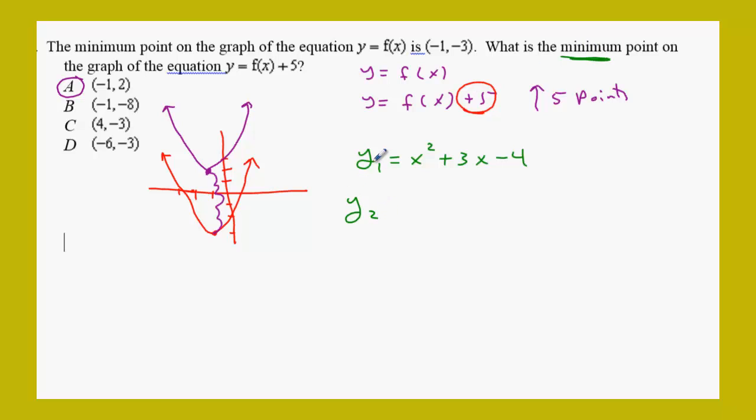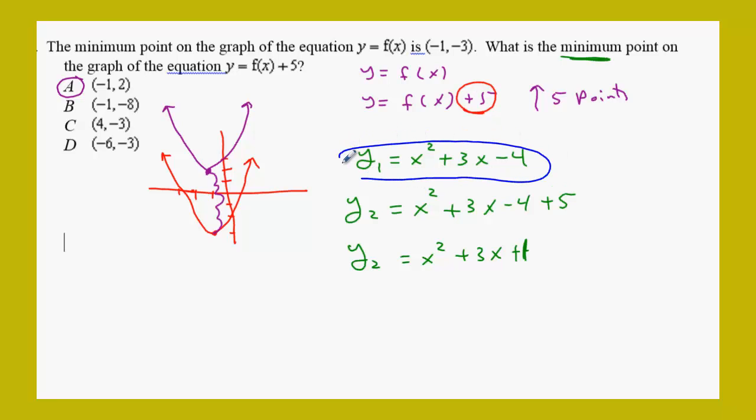For y2, the difference between y1 and y2 is the translation of +5. What you do is just rewrite the equation one more time, minus 4, and you add the 5. Let's simplify before you put it in the calculator. y2 equals x squared plus 3x minus 4 plus 5, which is plus 1. Now you have 2 different equations. This is the first equation and this is the second.